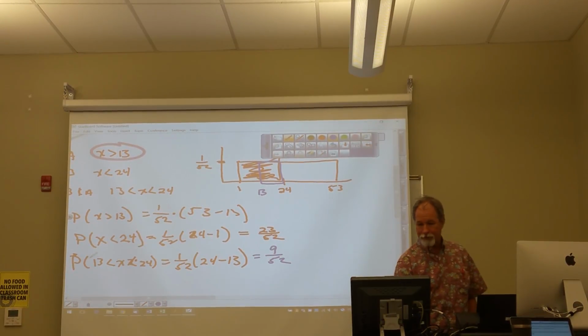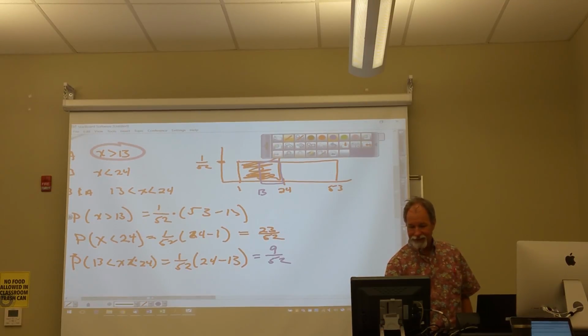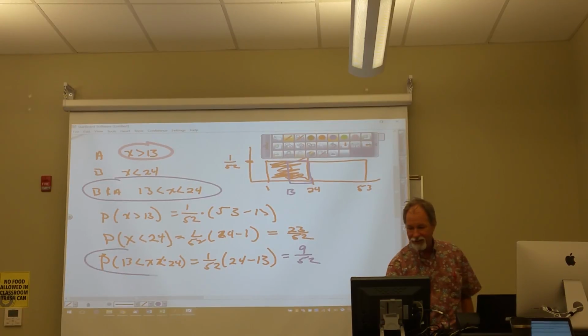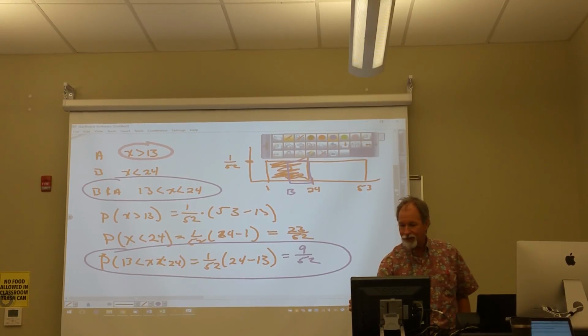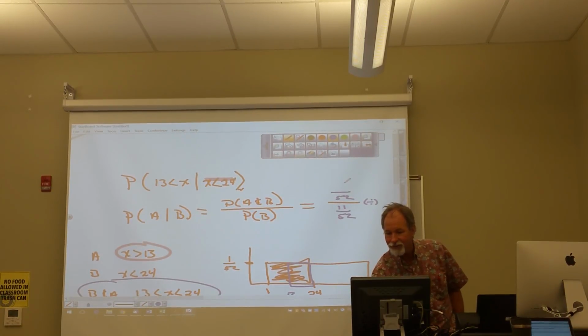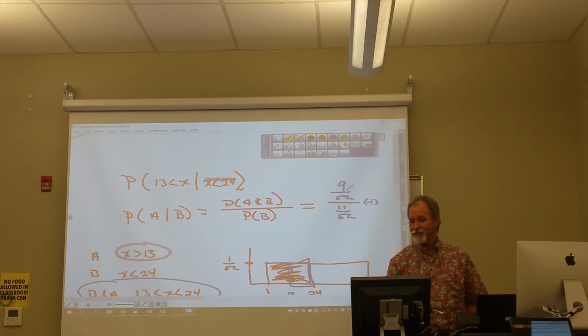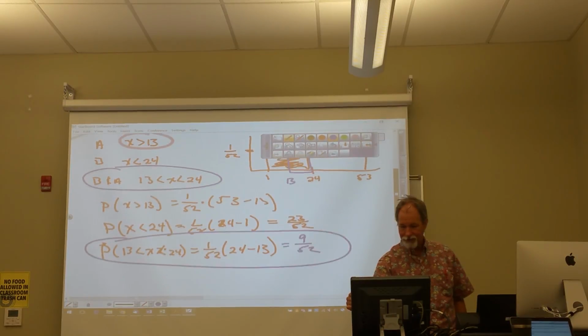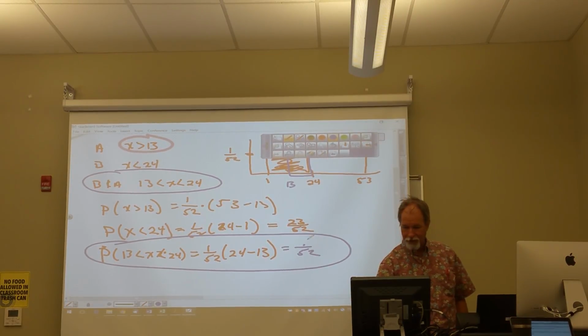Because this is my probability of A and B. See, there's my probability of A and B is between. So that is my numerator. Was that 9 or 11? See, I can't subtract.